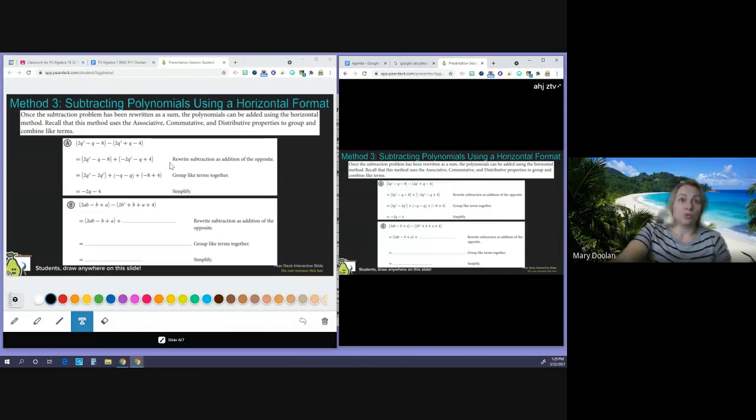You need to rewrite it so that you're adding the opposite. Okay, the minus becomes a plus. Positive 2q squared becomes negative 2q squared. Positive q becomes negative q. Negative 4 becomes positive 4. And now what you can do is drop these parentheses, okay? And we're using associative and commutative properties to move stuff around so we have all the like terms together.